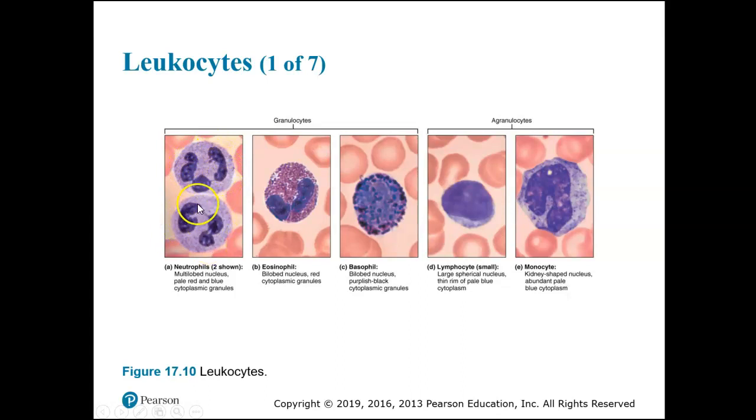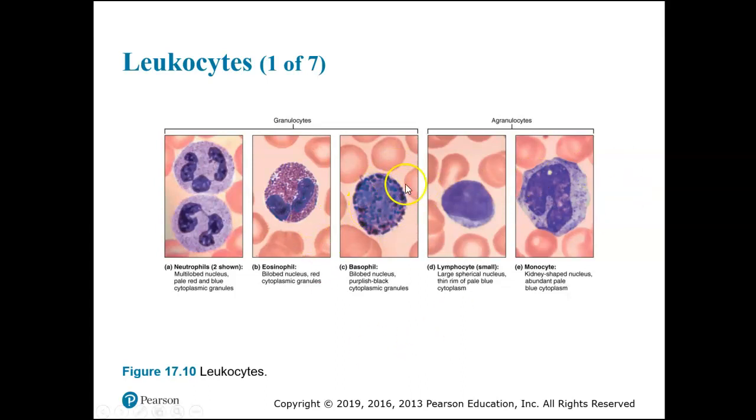It's not rounded. It's just many lobes. And then the eosinophils, they stand out because their nucleus looks like earmuffs and they have these red granules. And the eosinophils are going to start multiplying if you have a parasite infection or if you have worms.